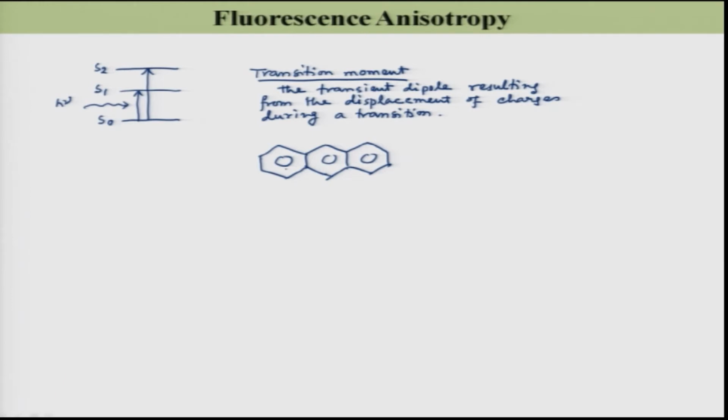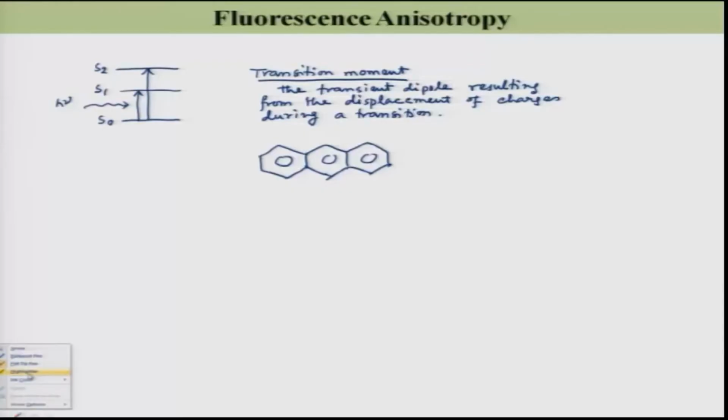Now, for these transitions there will obviously be a change in the electron density of this molecule, from HOMO to LUMO, or HOMO to LUMO plus 1, depending on the situation.